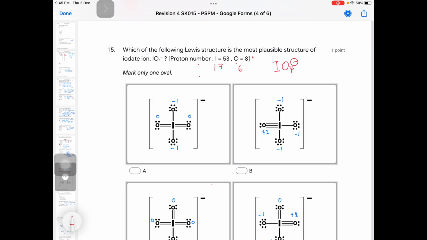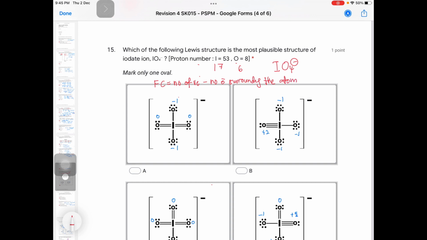So this is the formal charge. Okay, formal charge is equal to number of valence electron minus number of electron surrounding the atom.